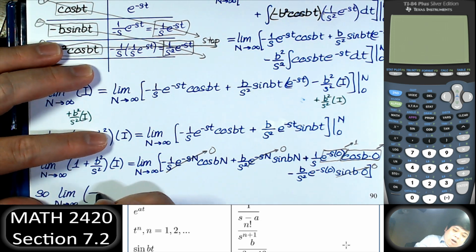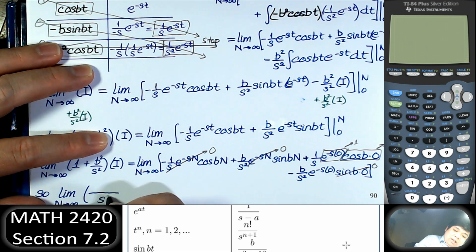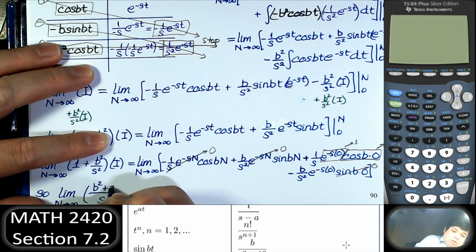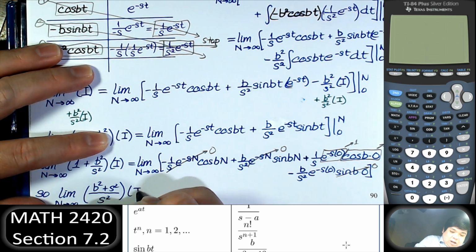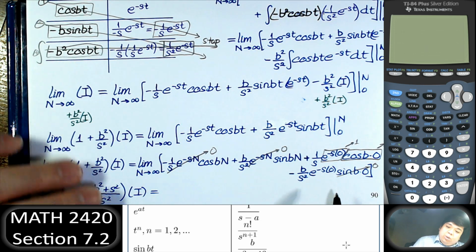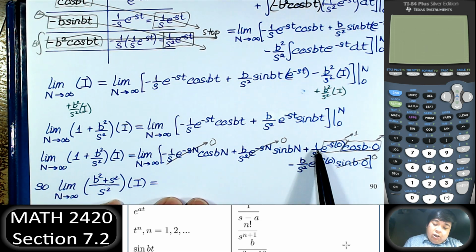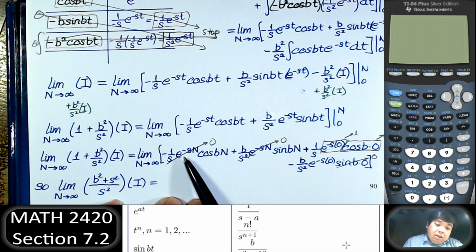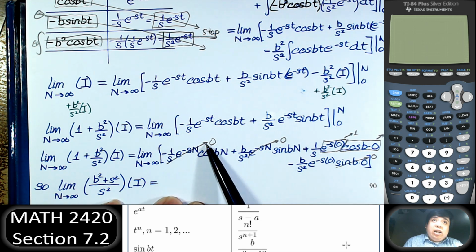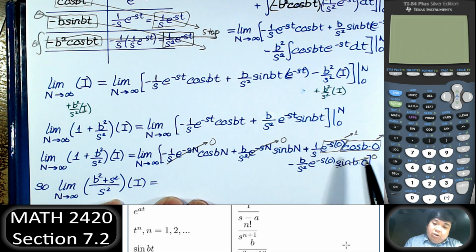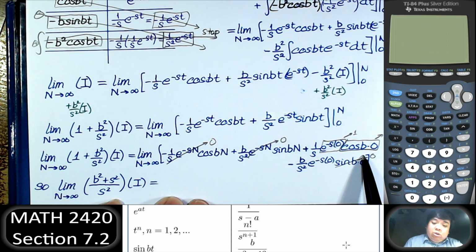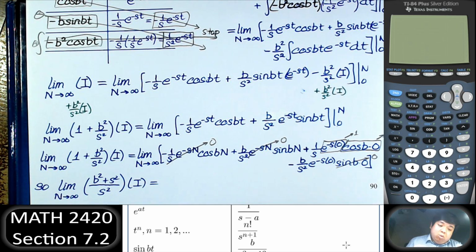Yeah, let's do common denominator. s squared b squared plus s squared times I equal to... Now when we do this, we don't even have any more n, because e to negative sn goes to 0, that goes to 0, sine of 0 goes to 0, so we just have pretty much 1 over s.